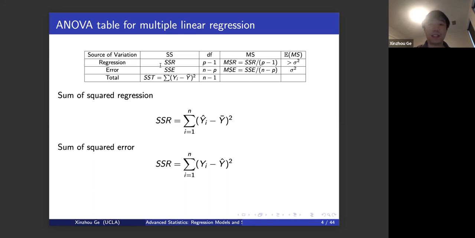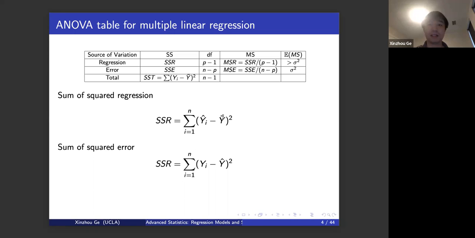If we look at the definition of these two terms, the sum of squared regression is the sum of the difference between yi hat and y bar. Here, y bar is the average of all the observations. This difference indicates that if we do not use any regression models, the worst model would be to use the average of all the observations as the predicted value of all the observations, using a constant as the prediction.